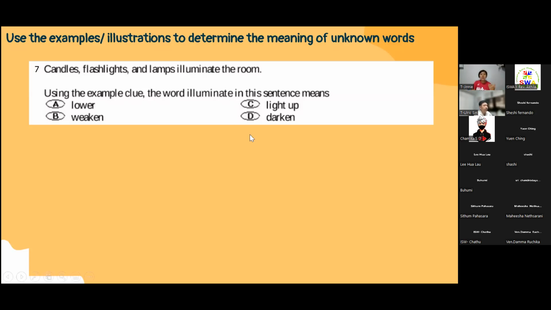So the answer is light up. Weaken is definitely out, lower is definitely out. Darken may be explainable, but I don't think you use candles, flashlights, and lamps to darken a room. You would turn them down or turn them off to darken the room.